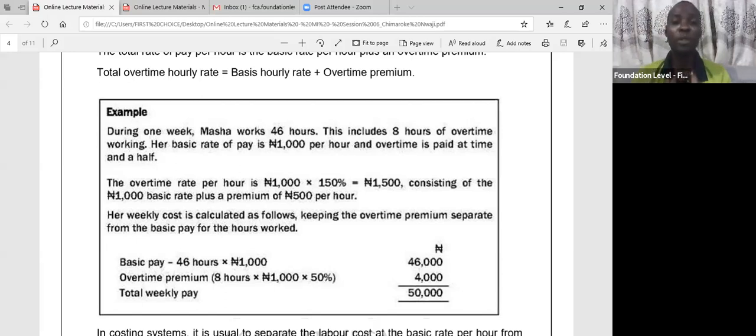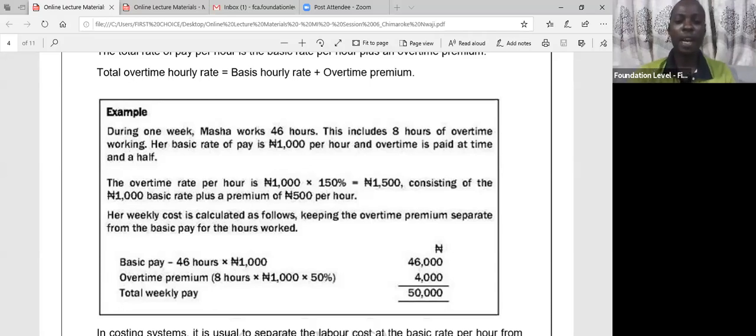You know, some people will do it this other way, which is not the proper way, and you will also get 50,000. These things could come in an exam, in theory or objective: which of them is the direct cost, which is the indirect. Someone will say, okay, because she worked 46 hours and 8 hours was overtime, let's remove the 8 hours and we'll get 38 hours of normal work.